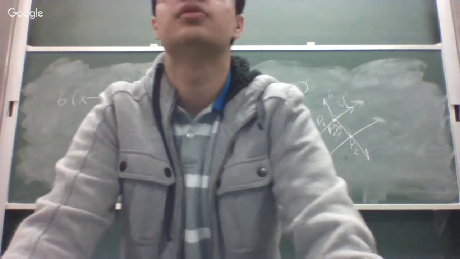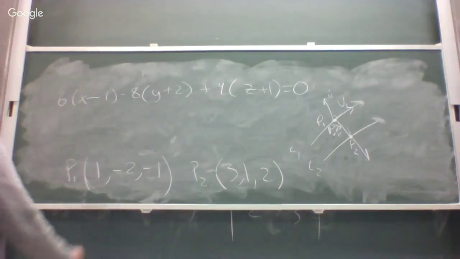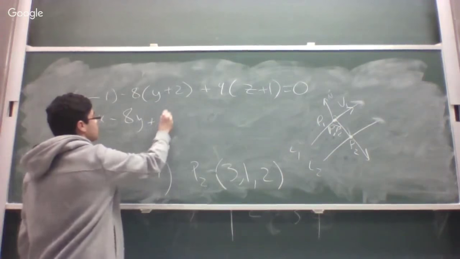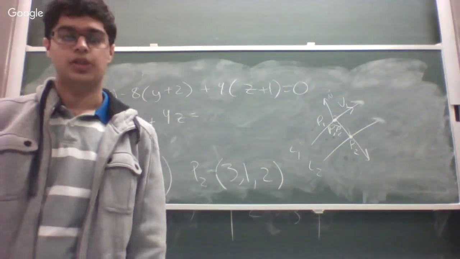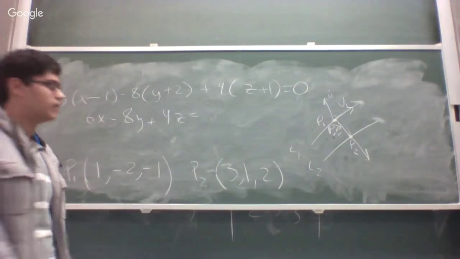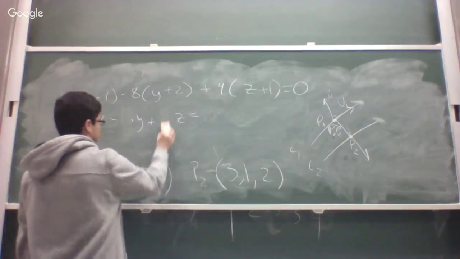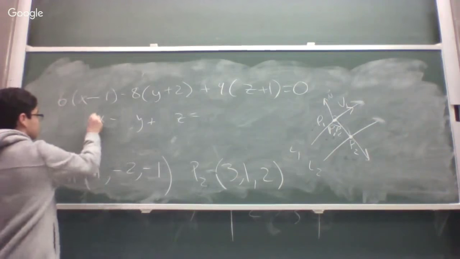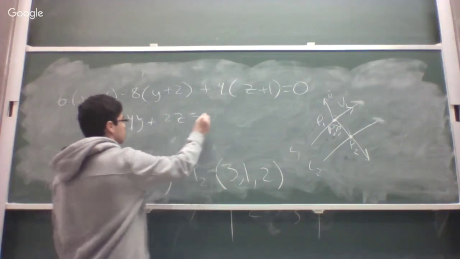Just do it. Well, for this one we get 6x minus 8y plus 4z equal to, when you simplify it, 3x minus 4y plus 2z equals 9.